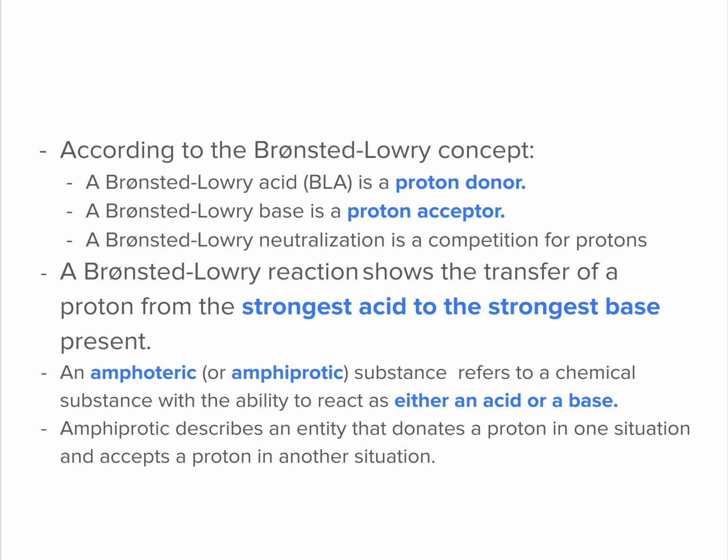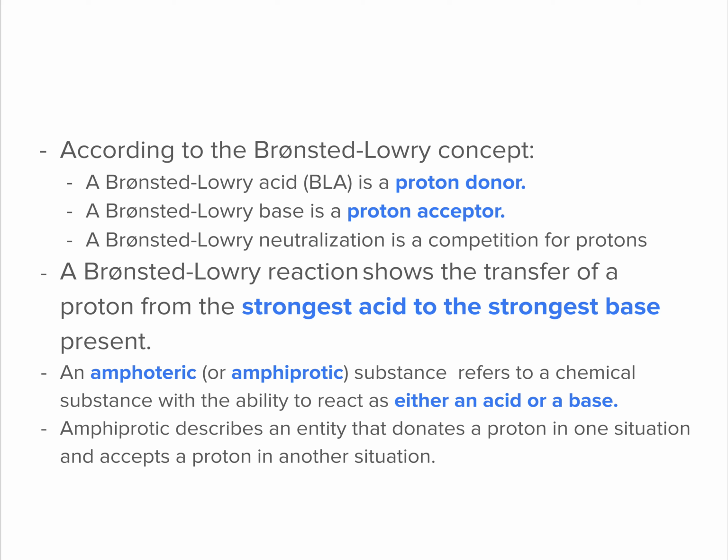And we should note as well that there are some chemicals that we classify as either amphoteric or amphiprotic. Both of them mean the same thing. What it means is that these chemicals act as acids in some situations and act as bases in others. In fact, we already know one of these.